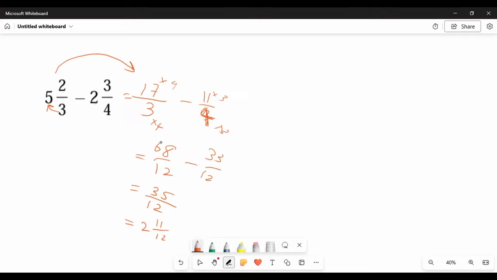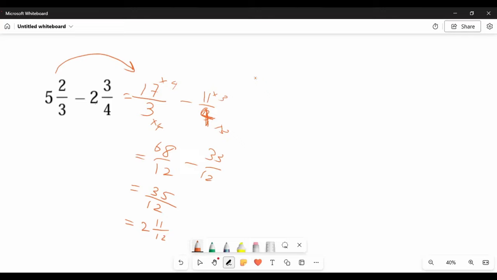So shall I explain the same question in a different way? An even easier way, actually. See, in the first fraction, we have five wholes and two thirds. You have to minus two wholes, 3 over 4.